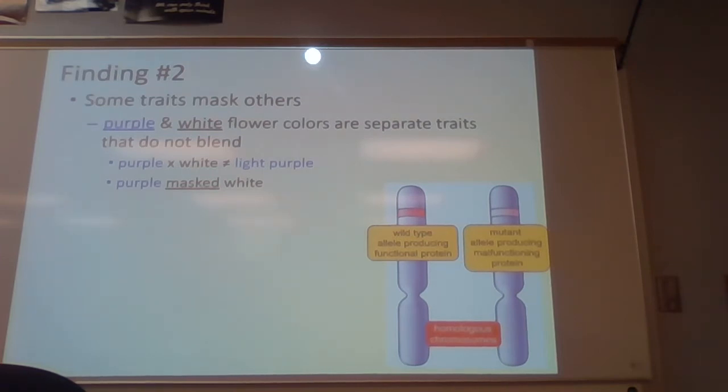So even if you have both, if you have a purple and a white, you only show the purple. You don't show a combination of the two. Sometimes you do, depending on the trait. With Mendelian stuff, you don't. We call the trait that does the masking the dominant allele, the dominant phenotype.